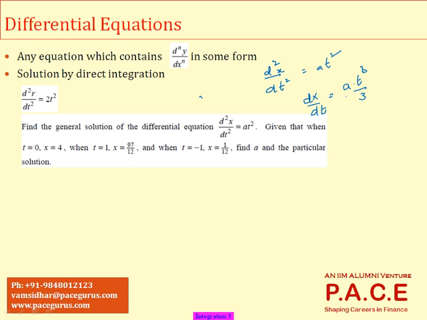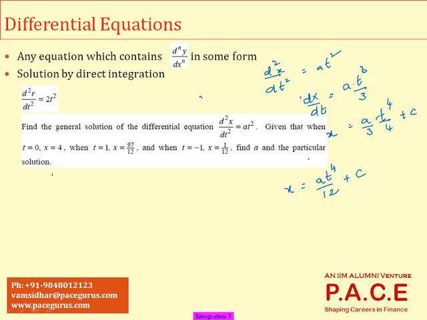Are you with me? Again you integrate this with respect to t, it becomes x. Again you integrate this with respect to t, it becomes t power 4 by 4. And probably for the whole thing I'll put some plus c. So finally it is working out to me as x equal to a t power 4 by 12 plus c.